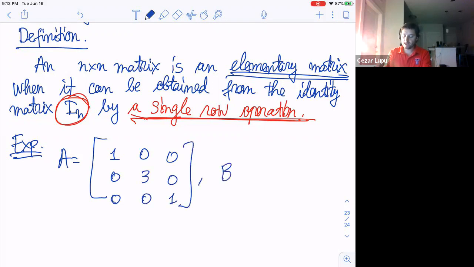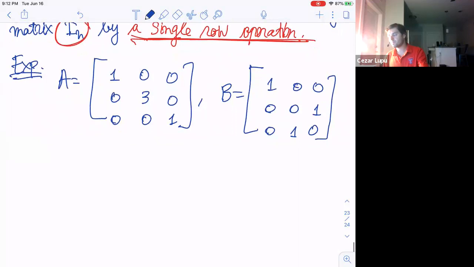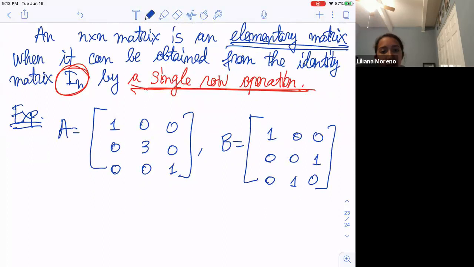And let's say B is 1, 0, 0, 0, 0, 1, 0, 1, 0. What do you think? Which one of these is elementary? Which one is not elementary? Let's keep the definition here. Would they both be elementary? Both elementary?